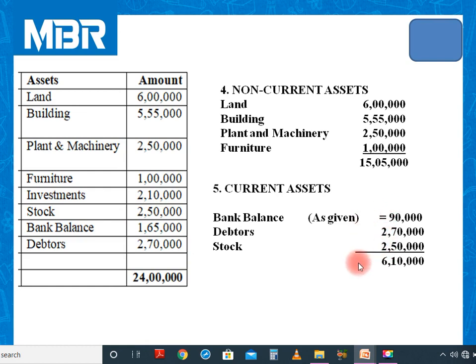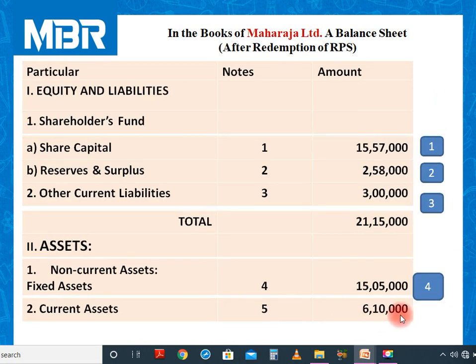So these three items are included in note number 5, current assets. So total of current asset is 6,10,000. That is inserted over here in the balance sheet on asset side. So total of the asset is 21,15,000.